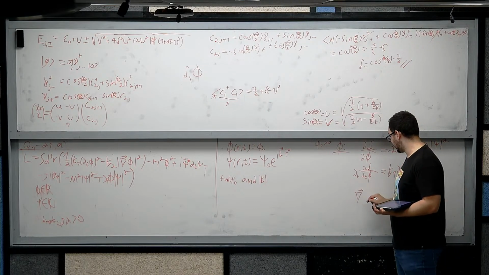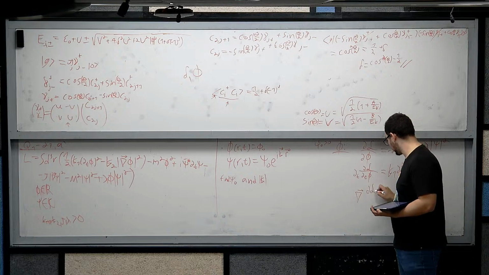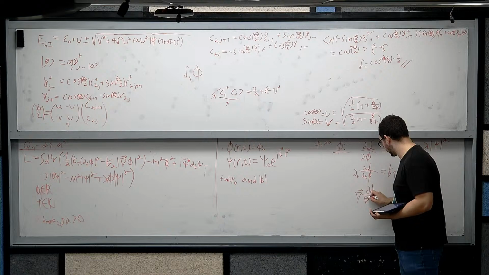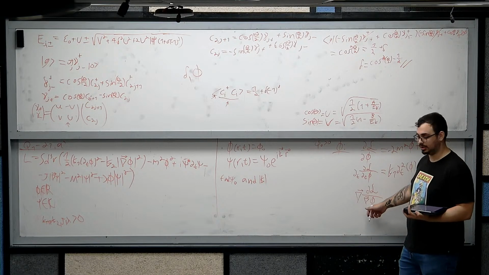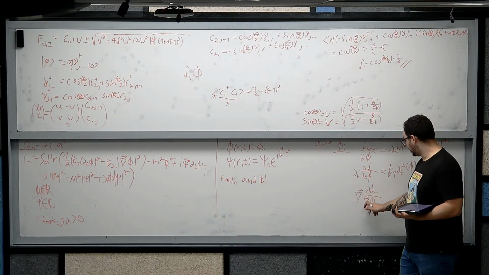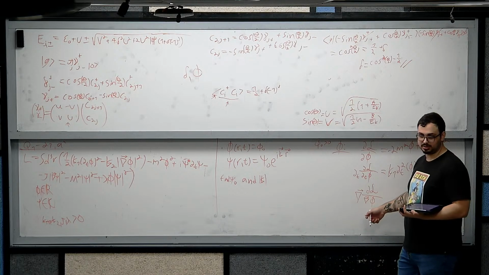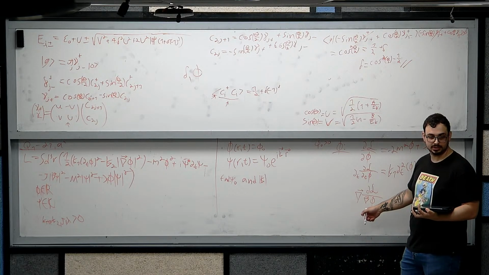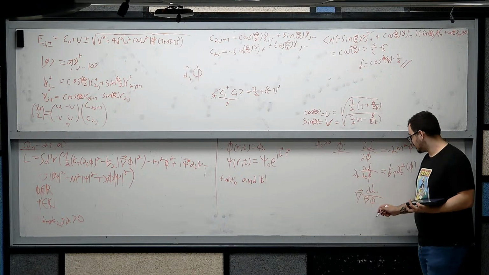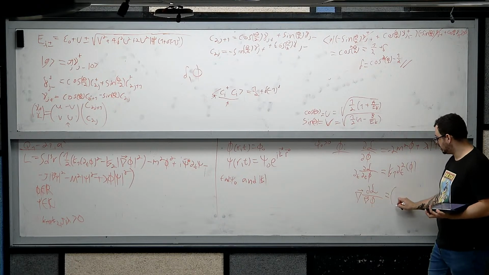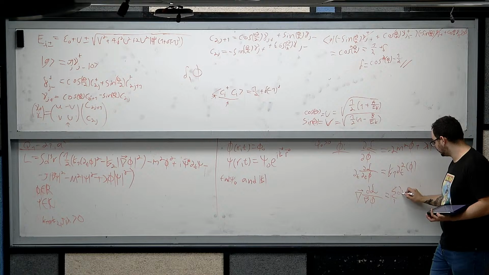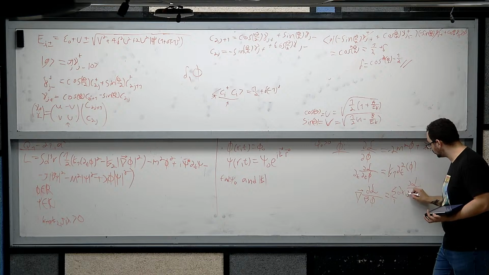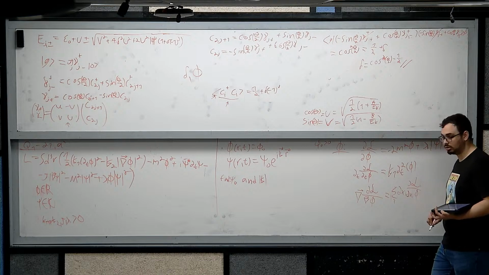This writing is a bit wrong; I'm going to say it explicitly, because this derivative in the denominator is technically not legal to write like this. What I'm trying to say is that this equals the sum over i, right?